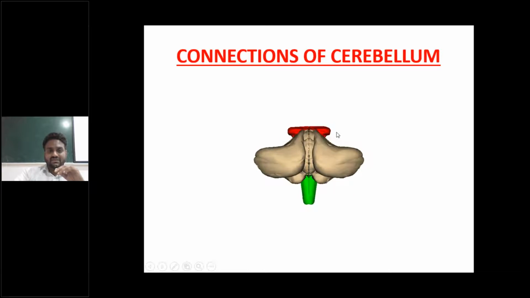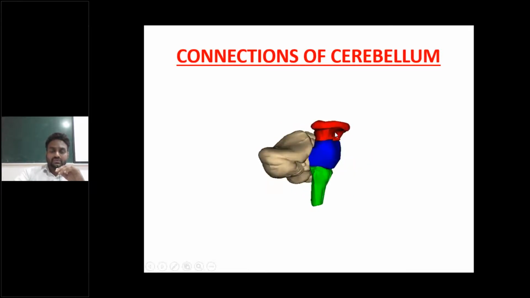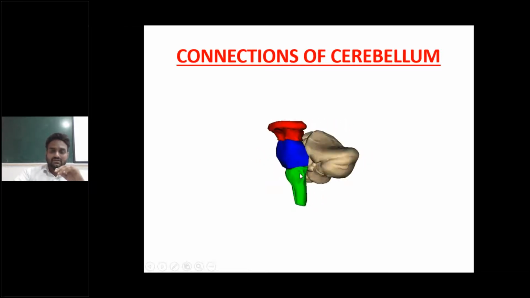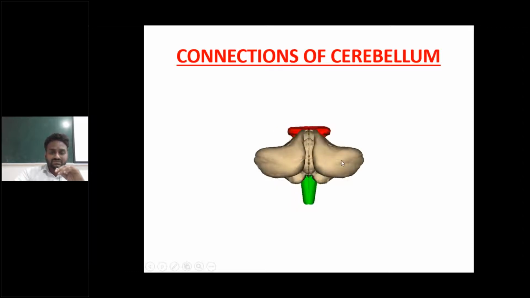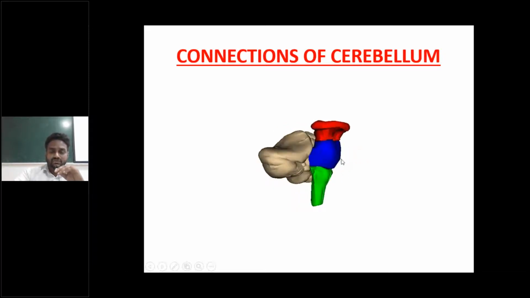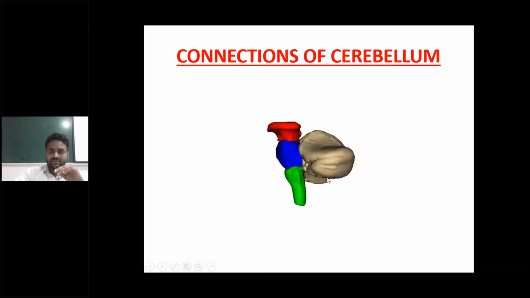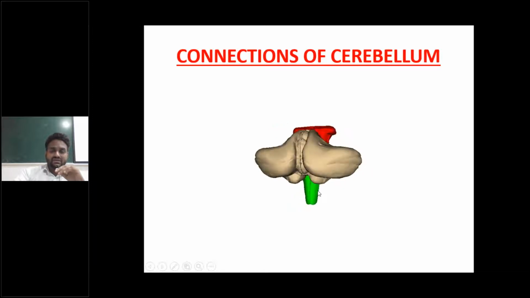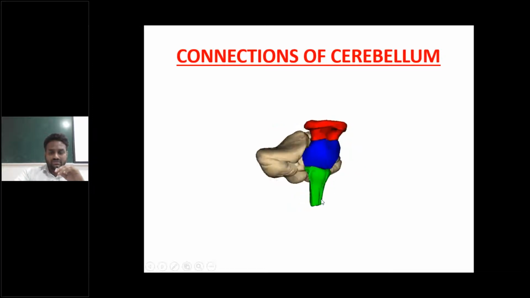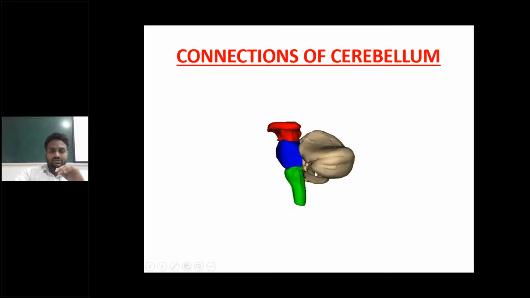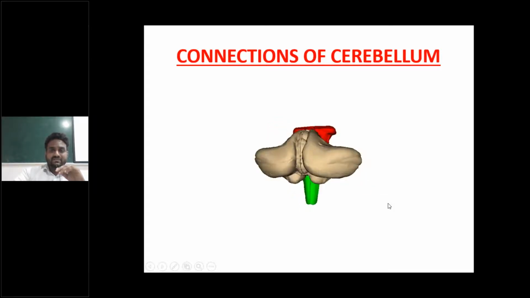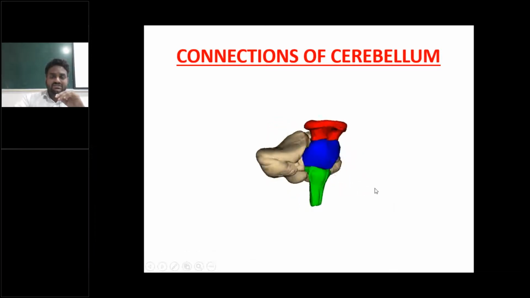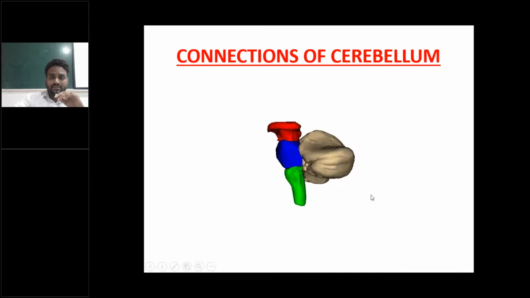It is connected with the midbrain through the superior cerebellar peduncle. It is connected with the pons, the blue one, through the middle cerebellar peduncle, and it is connected with the medulla oblongata, the green one, through the inferior cerebellar peduncle. That means connections means cerebellar peduncles.